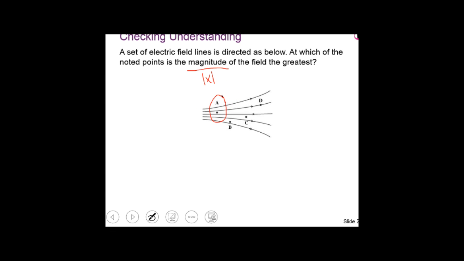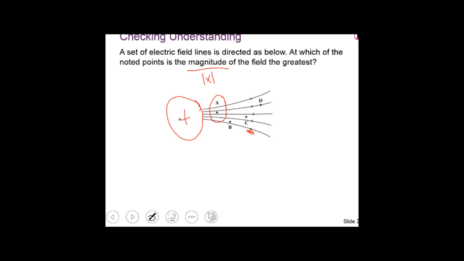As kind of an extension to this, what is the charge right here from which this electric field is emanating? Is this a positive charge or a negative charge? To decide that, I would look at these arrows. They're flowing away. Therefore, I know that this electric field is coming from a positive charge.